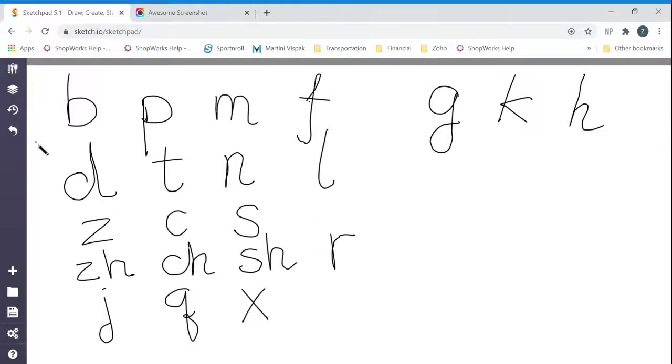Okay, so all these are the initials that you will need.